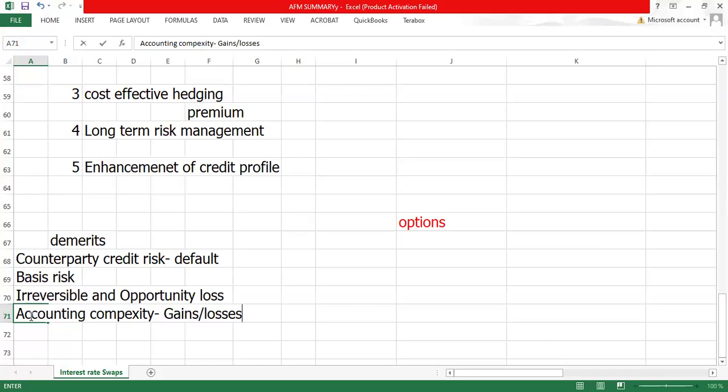When it comes to forward contracts, swaps, or futures, this point should always be there, especially in terms of how to account for these transactions. Not easy. Okay?